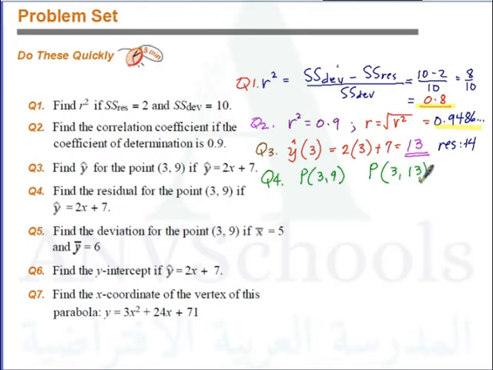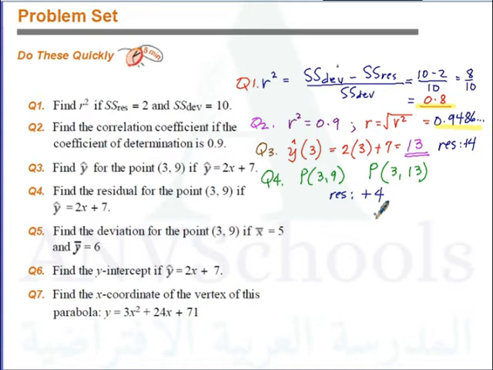So the residual is that one. It's positive 4, right? Okay, find the deviation for the point (3, 9) if the mean of x is 5 and the mean of y is 6.